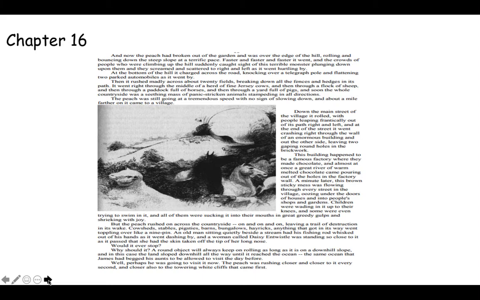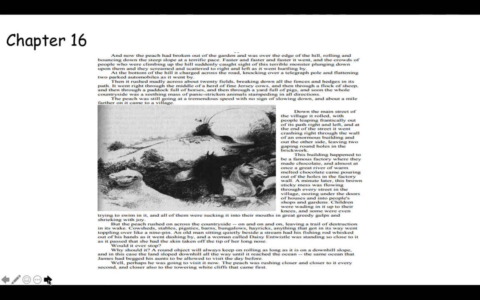Children were wading in it up to their knees, and some were even trying to swim in it, and all of them were sucking it into their mouths in great greedy gulps and shrieking with joy.